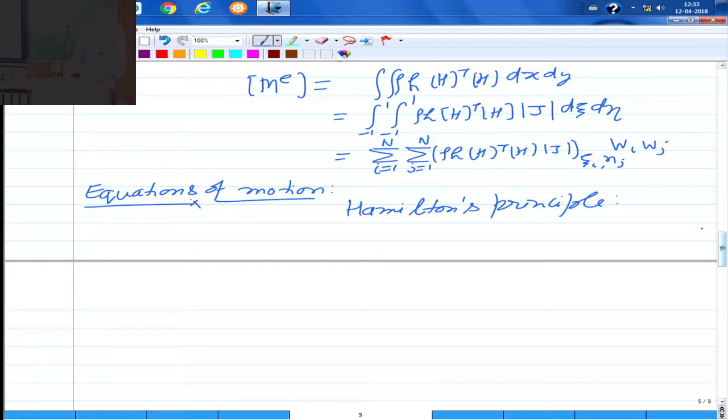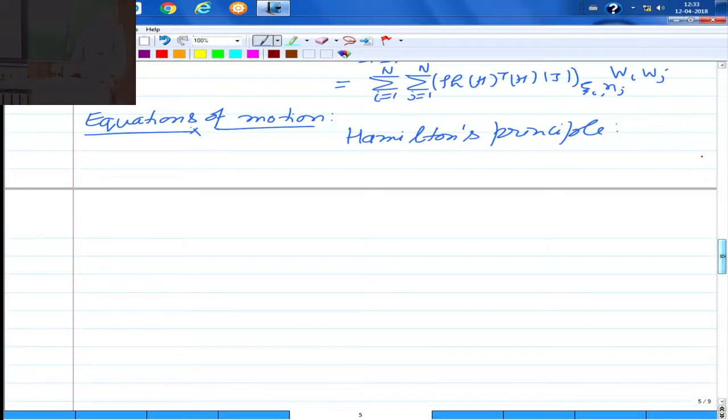What Hamilton's principle states is that I am trying to study the motion of a body between two time instances, t1 and t2.